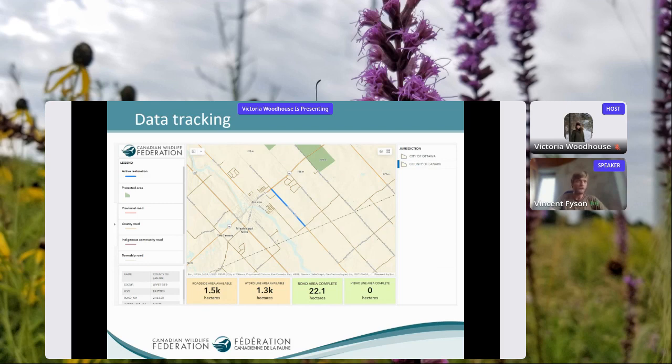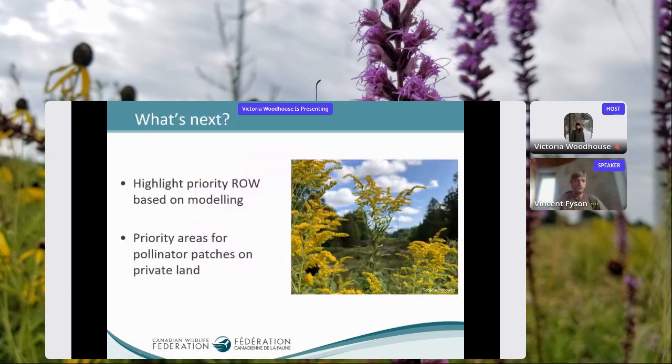So far, the dashboard displays road information for provincial roads, county roads, and township roads, as well as main hydro corridors. But the information that's displayed can be tailored to suit those that will be using the dashboard. Next slide, please.